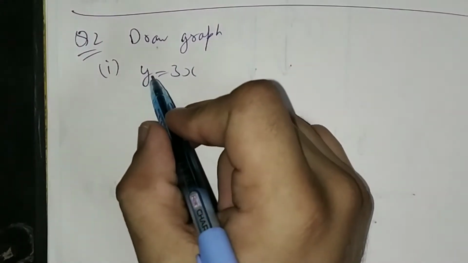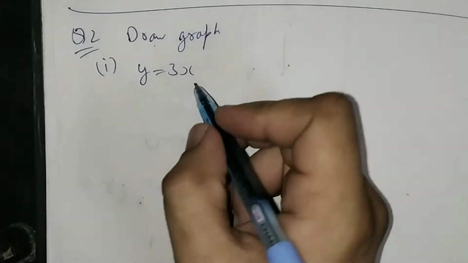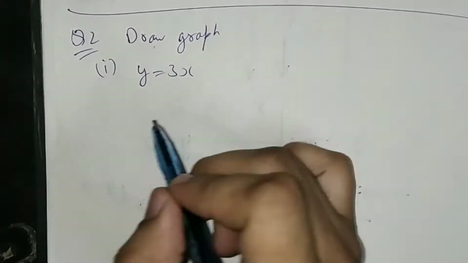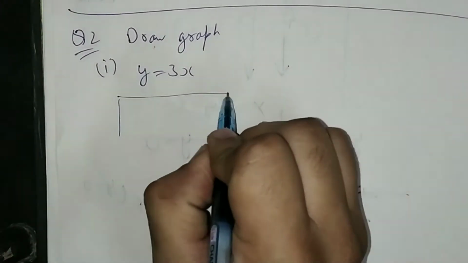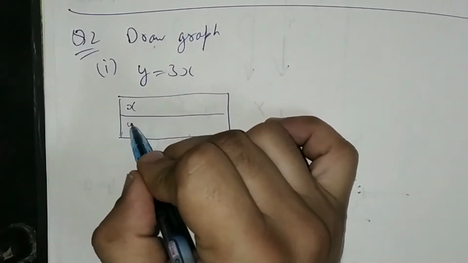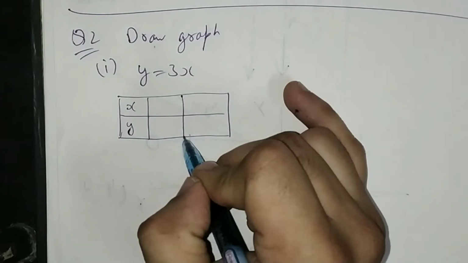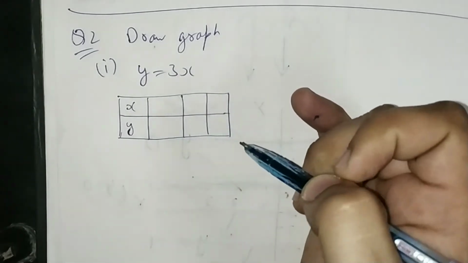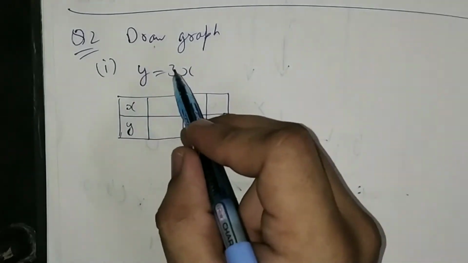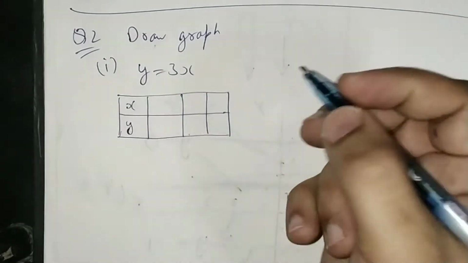Draw the graph of y equal to 3x. In such questions, students, you have to make a table like this. This is x, this is y. You have to find at least 3 values of x and y. So for example, first we will take the value of x equal to 0.